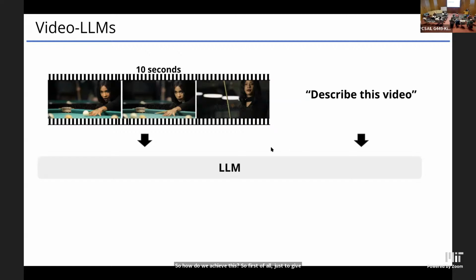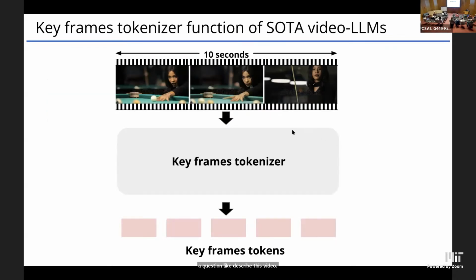So the way they work is we have a short video, let's say 10 seconds, and we want to feed that into the LLM along with an instruction or a question, like describe this video. And the way that they accomplish this is by sampling a few key frames and then tokenizing these keyframes using a keyframes tokenizer.